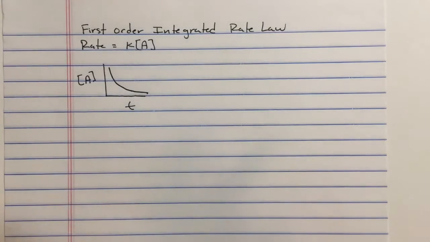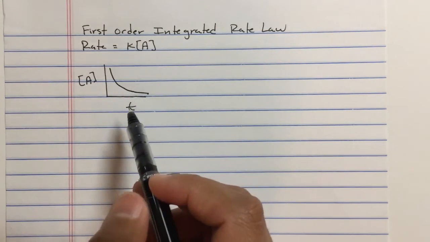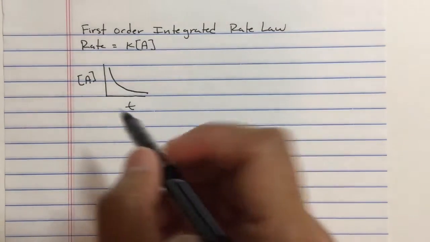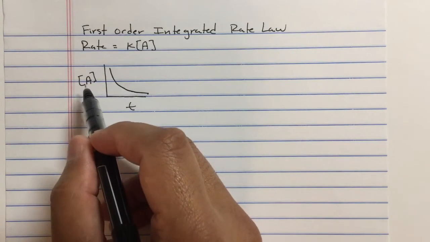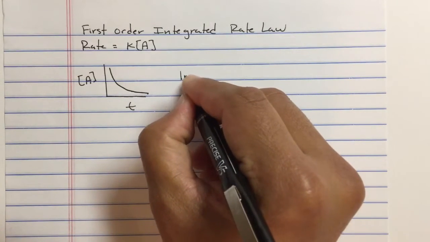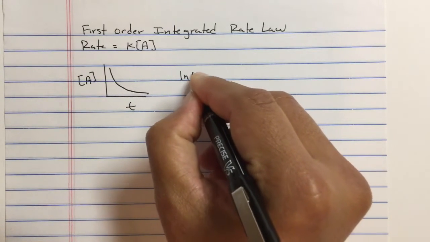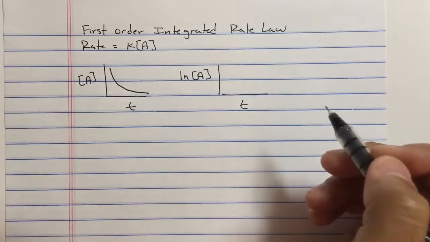Now, working with curves, I mean, we can do that, but it's a lot easier to work with straight lines. So there's an interesting math trick that we can do here. Whenever we have these exponential decays, what we can do is change the concentration. Instead of plotting the concentration versus time, we can plot the natural log of A versus time.